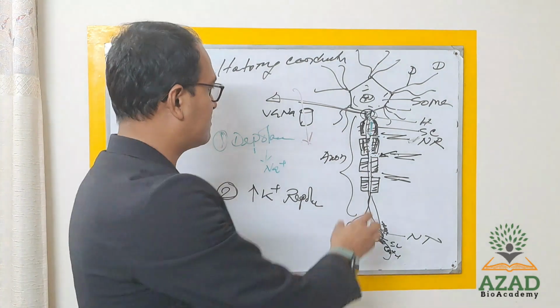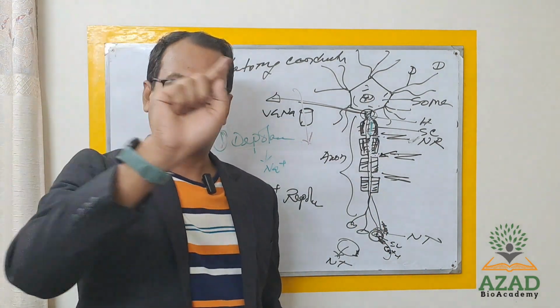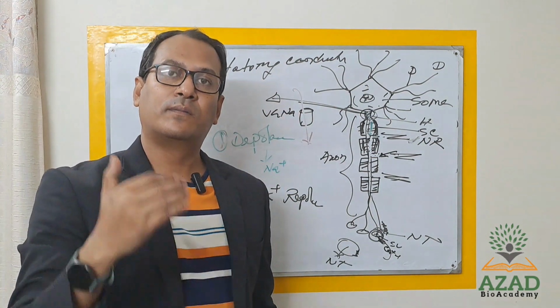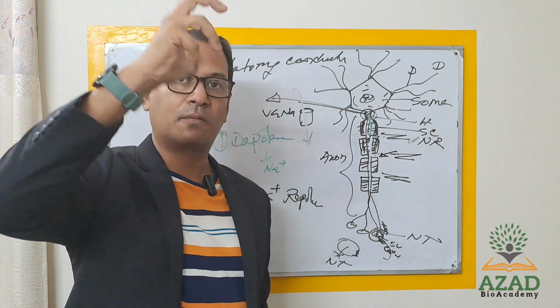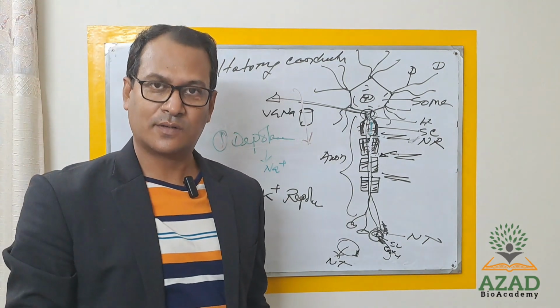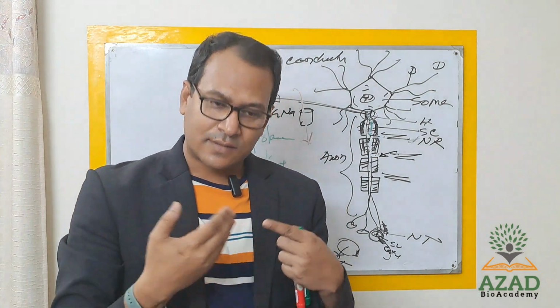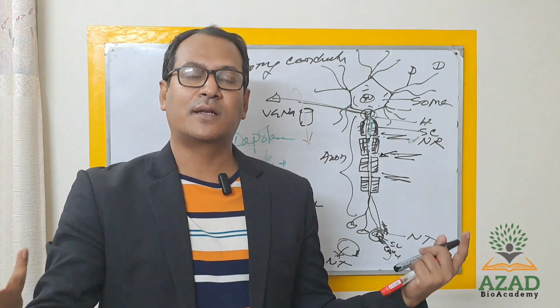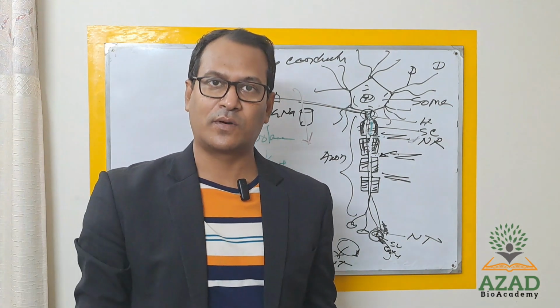You can compare this myelinated nerve to an electric wire: within the wire there is the copper wire, and the cover is a plastic cover. Some nerves are unmyelinated. There is no plastic cover, only copper wire.